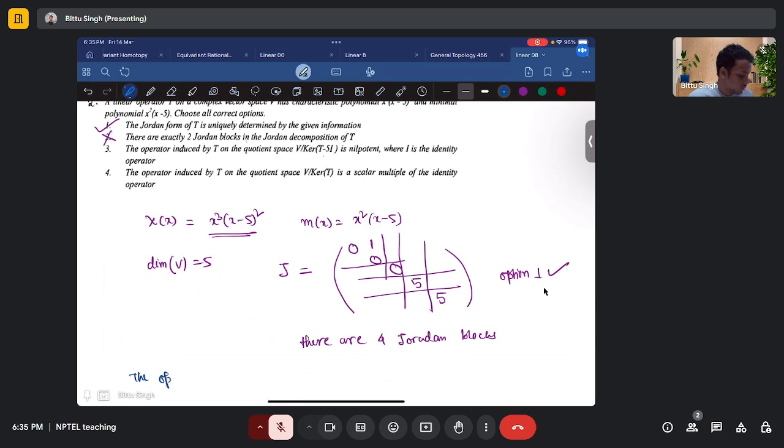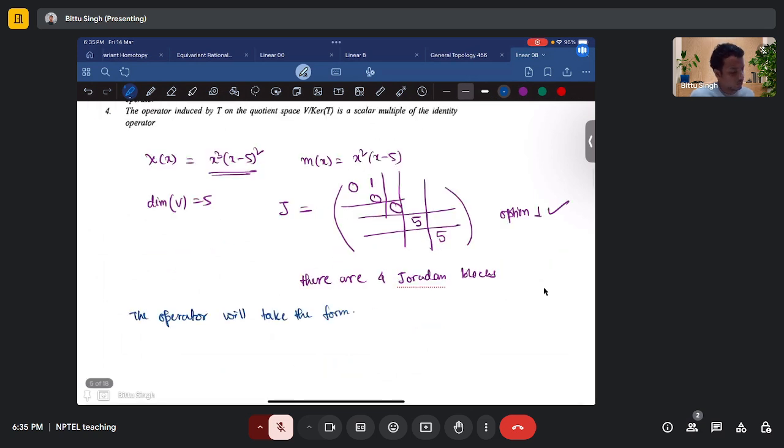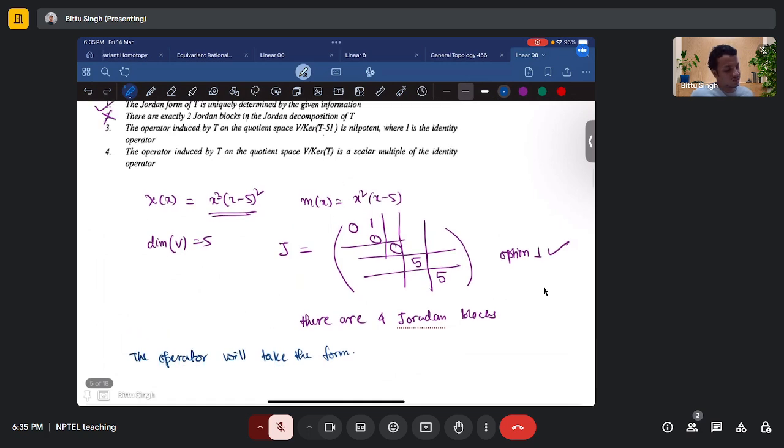The operator will take the form Tx. Let us assume that, because up to isomorphism all finite dimensional vector spaces are the same, we may assume the vector space is simply R to the power n. We can always assume that.